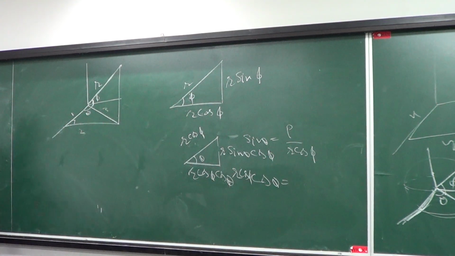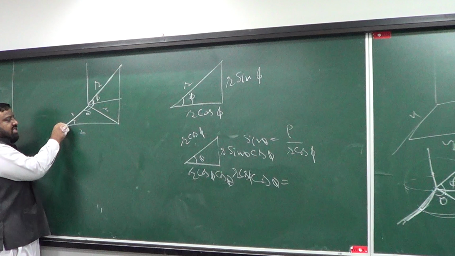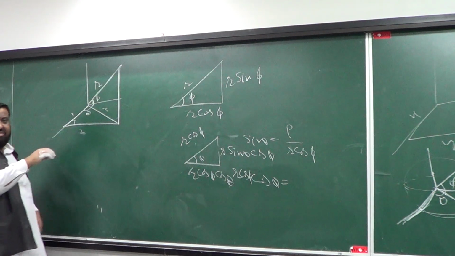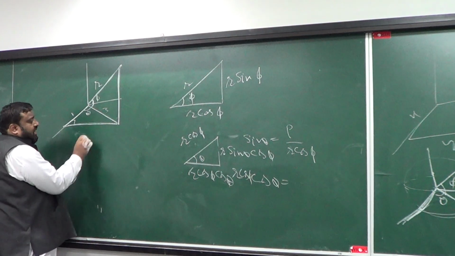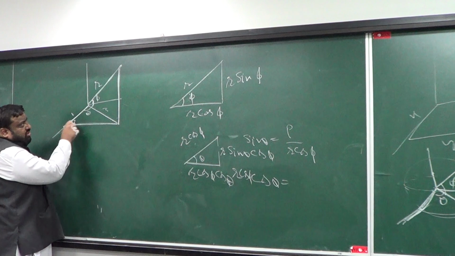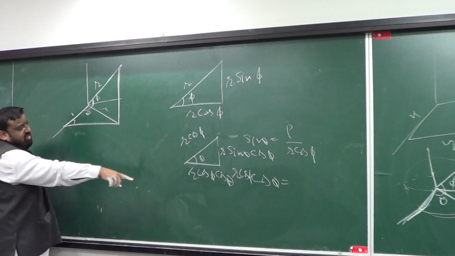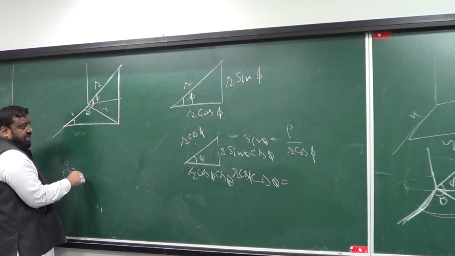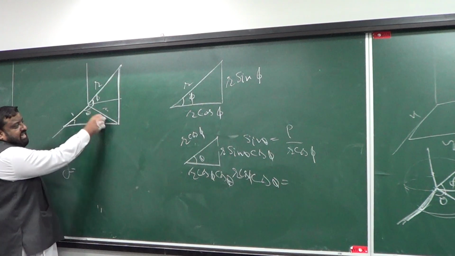So what are the primary distances that I'm interested in? I'm interested in this distance, this distance and this distance, because I want to write them in terms of r, theta and phi. I know about this guy, this is the distance along the y-axis. So my y is r sin theta cos phi.